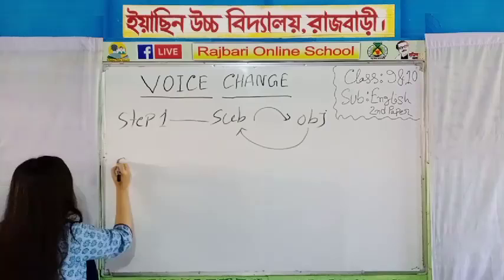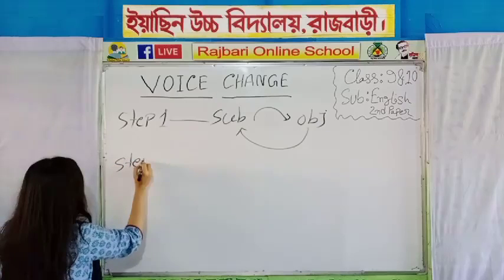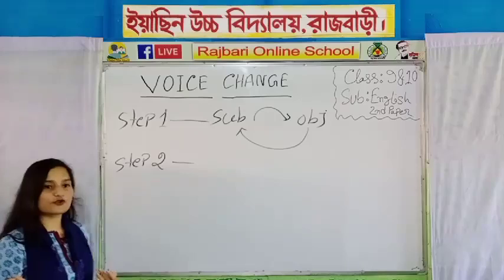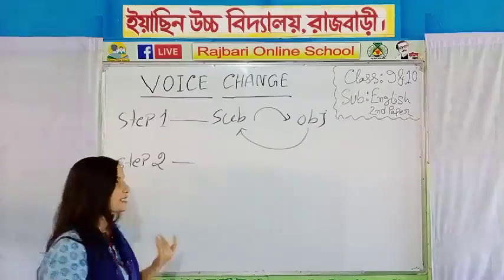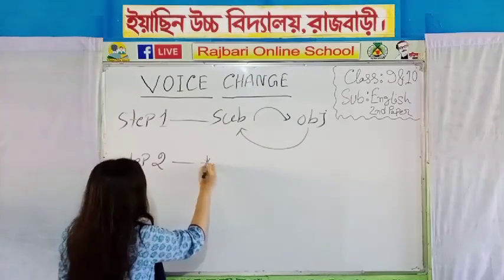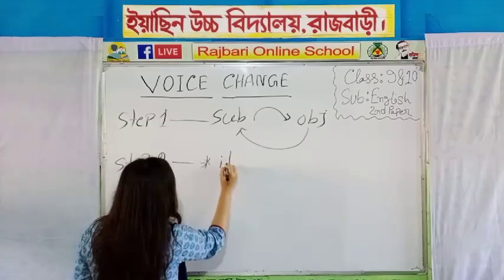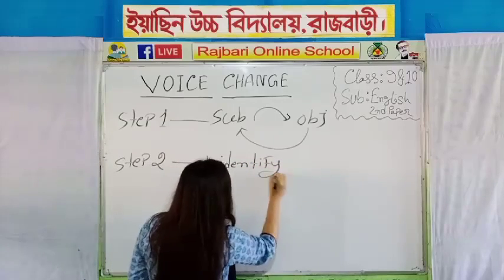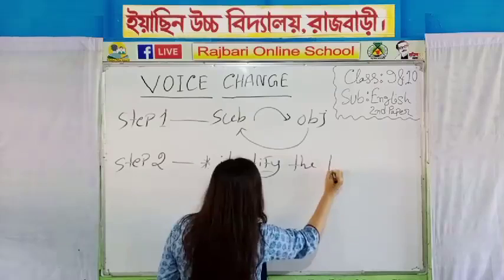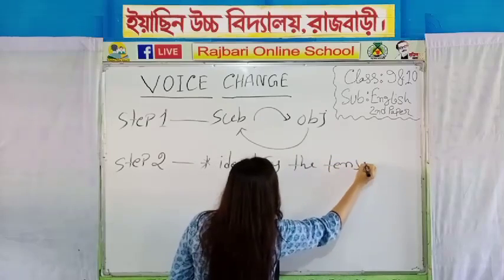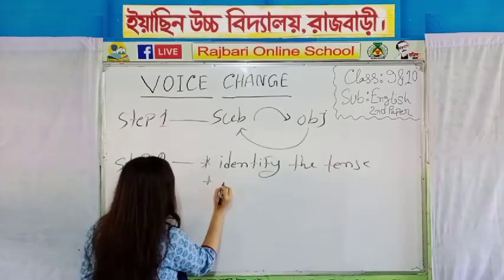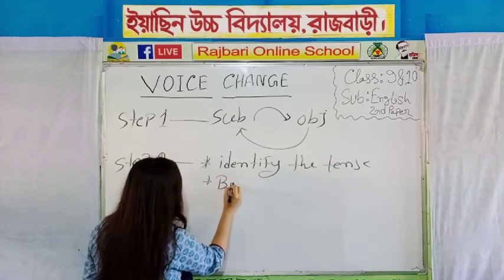Now the second step: you have to identify the tense, and also you have to bring or place an auxiliary verb according to that tense.